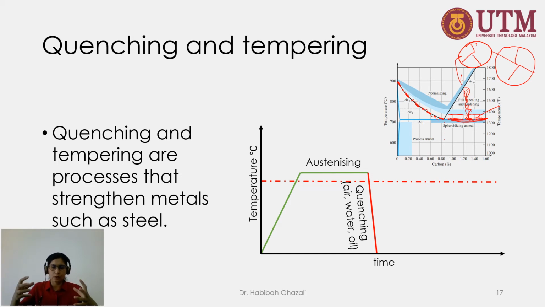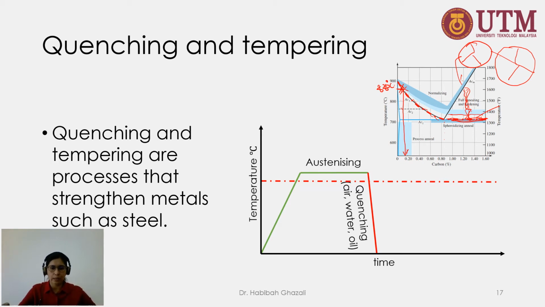So what we will need to do is to quench it from, let's say, 900 degrees Celsius for this type of material, this composition. So we heat it up to this temperature, 880 degrees Celsius. So as soon as we get to transform them all to austenite, we quench it straight away to room temperature.